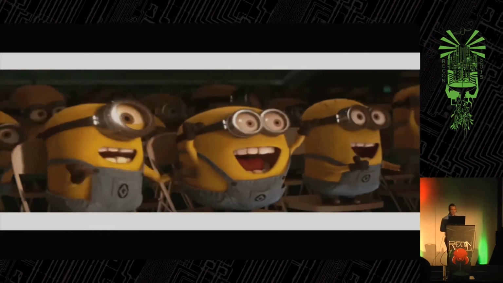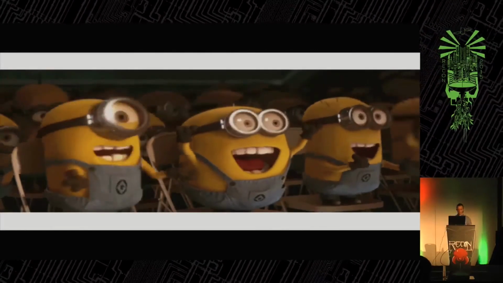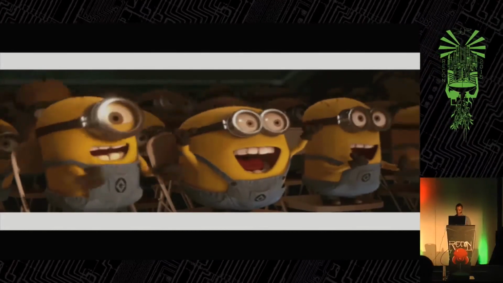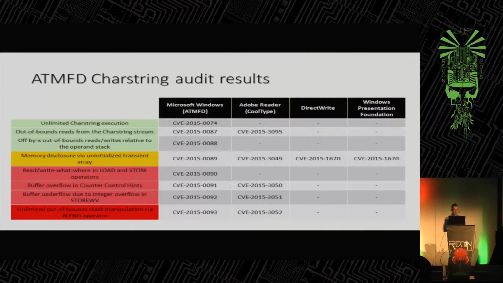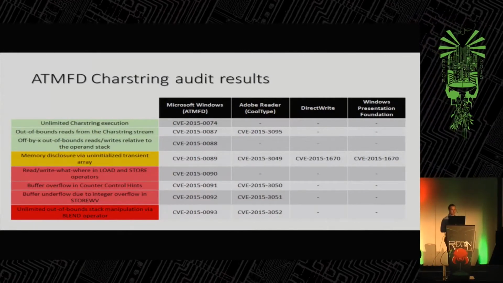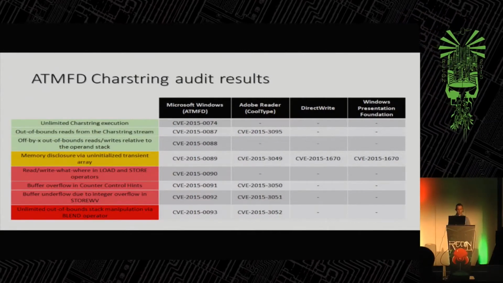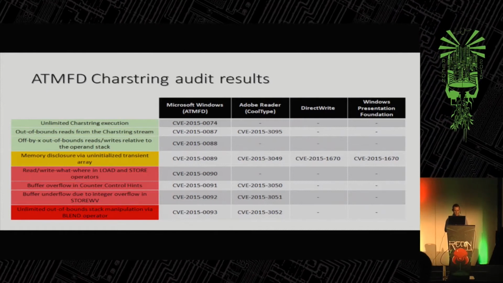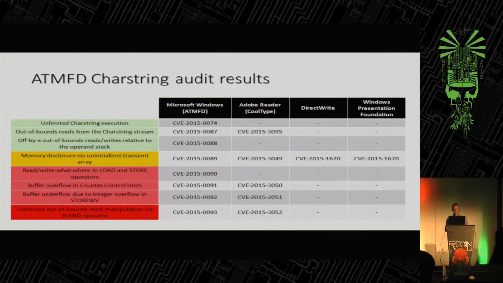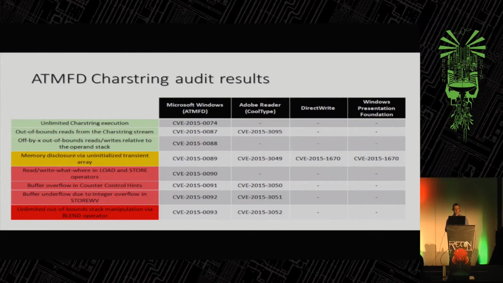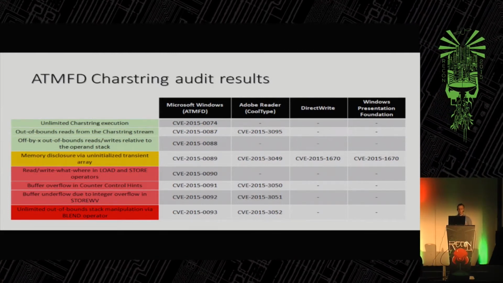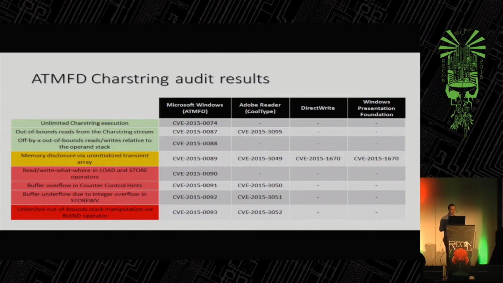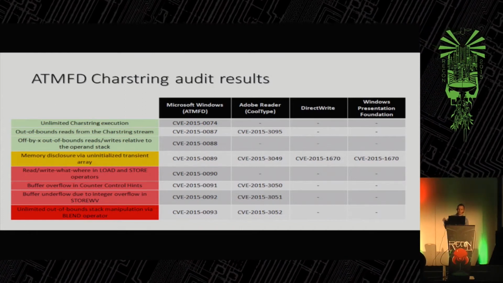And yeah, so I was really enthusiastic when I learned about all of this because it's like basically the perfect starting point for a vulnerability researcher. And I just wanted to sum up the findings that I had during this research because I'm not going to be talking about all of them. So there were some quite low severity bugs that were just like DOSes in ATMFD or small memory disclosures. There was also a very interesting memory disclosure that affected all of those code bases.